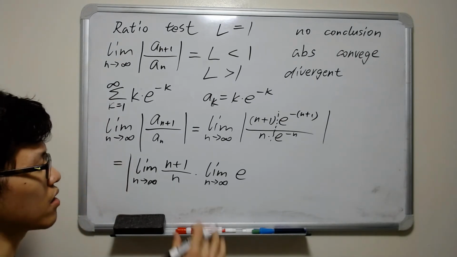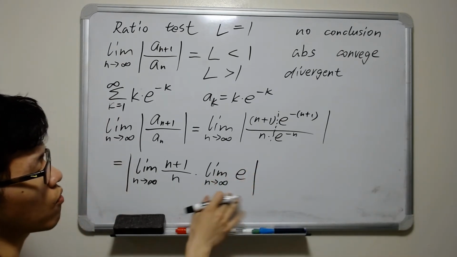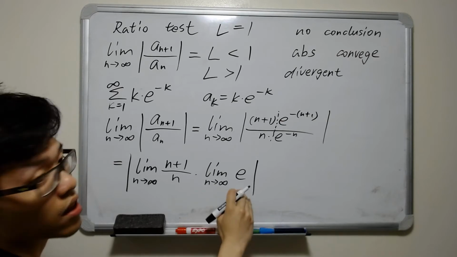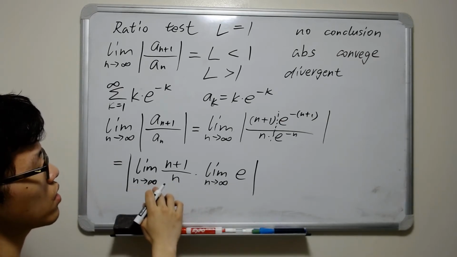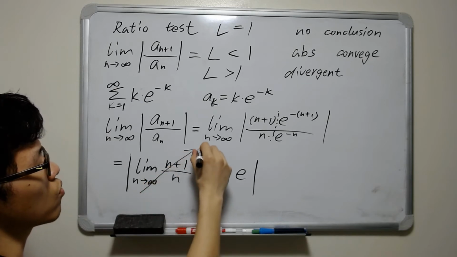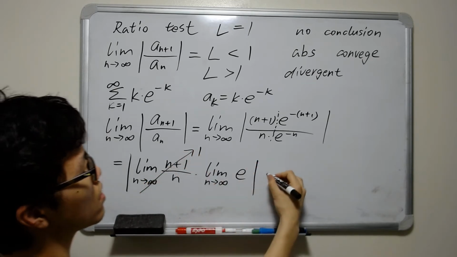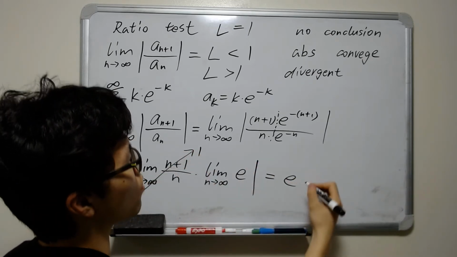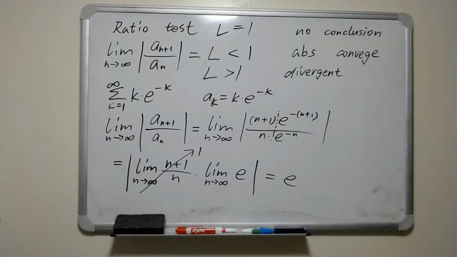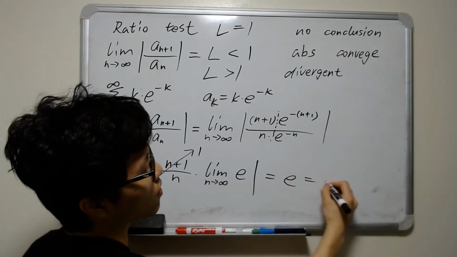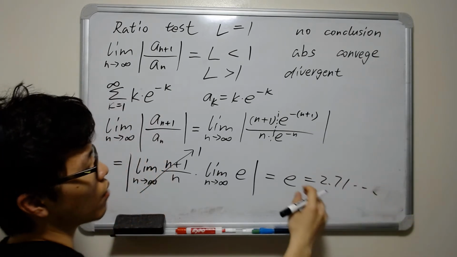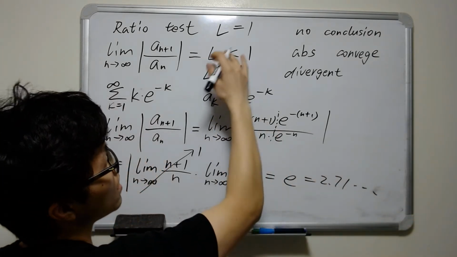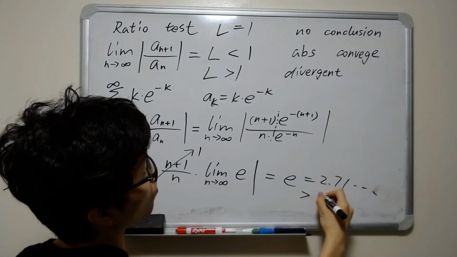I mean, we apply some rules of finding the limit, and then take the limit as n goes to infinity. So this one goes to 1, and then this one goes to e. So we get the ratio is e. So e is a constant, 2.71 and so on. So I mean this ratio e is greater than 1.